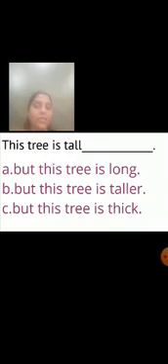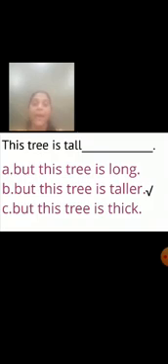So, which option is correct here? Tall. What will we add to tall? ER, then what will it become? Taller. Yes or no? So which option is correct here again? Option B. That is, but this tree is taller.